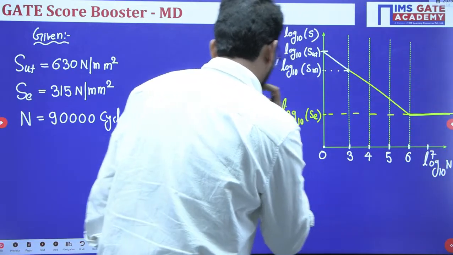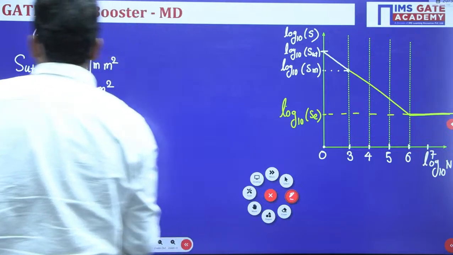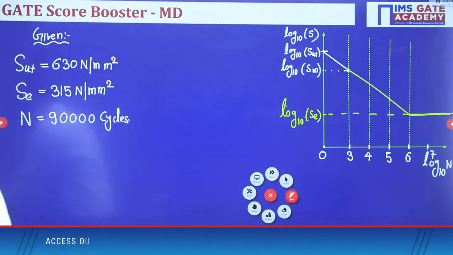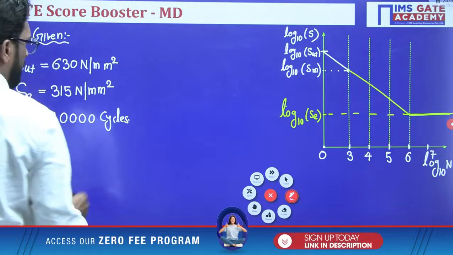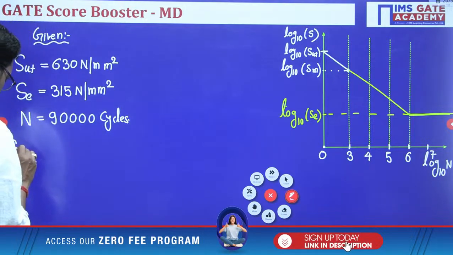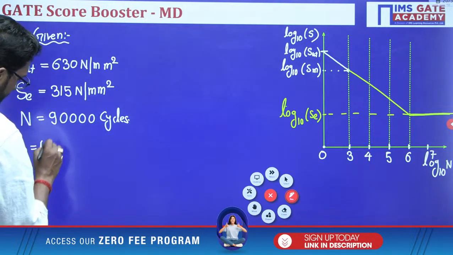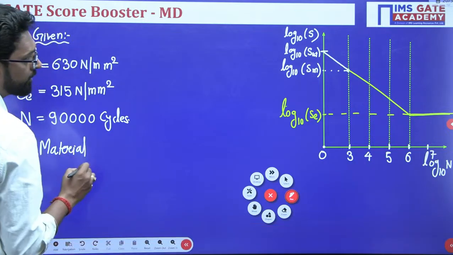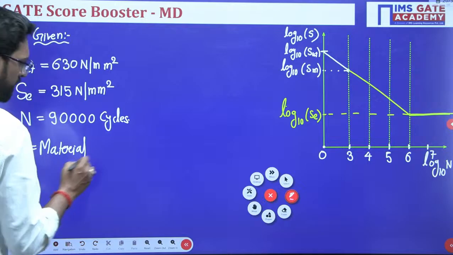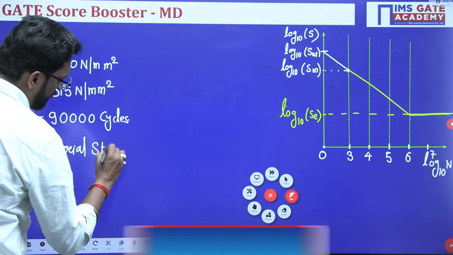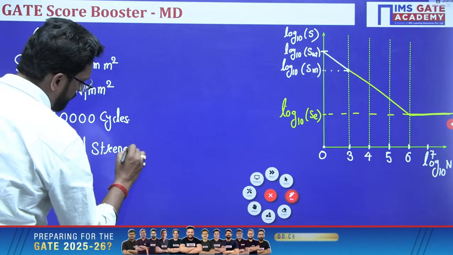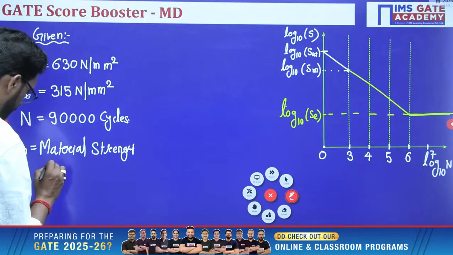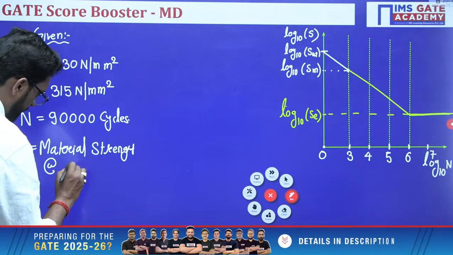Now they are saying that, for bending, Sm is the material strength, corresponding to the stress.